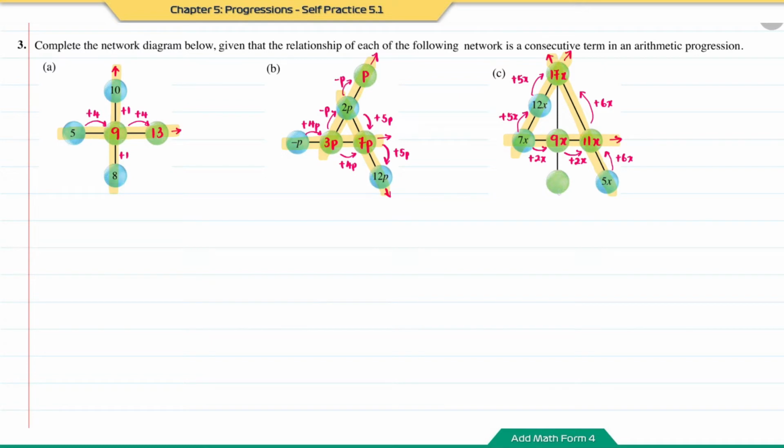So last one, for this sequence, if you look from top to the bottom, the terms are getting smaller. From 17x to 9x, you are going to subtract 8x. So 9x minus 8x, the term at the bottom here will just equal x.